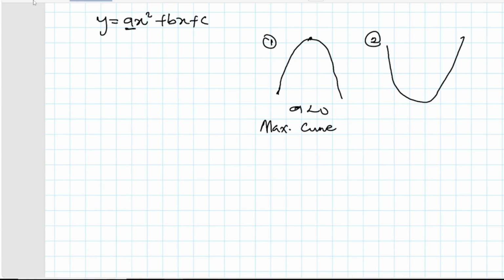You can always find the maximum of that curve, but it's difficult to find the minimum, unless we are given a certain restriction on the domain. And then next, when the coefficient of x squared, which is a, is positive, that's greater than 0, then the curve is going to look like this, and we call that a minimum curve.